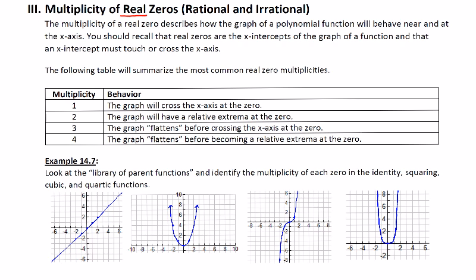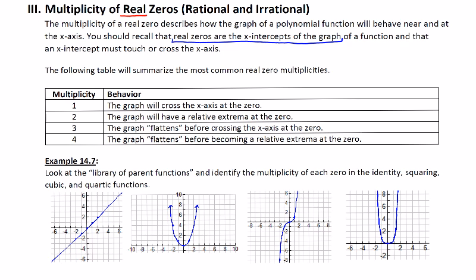So the multiplicity is going to tell us specifically how to be able to graph our x-intercepts. Because what we need to realize is that your real zeros are going to represent the x-intercepts of the graph. So how do x-intercepts come about?